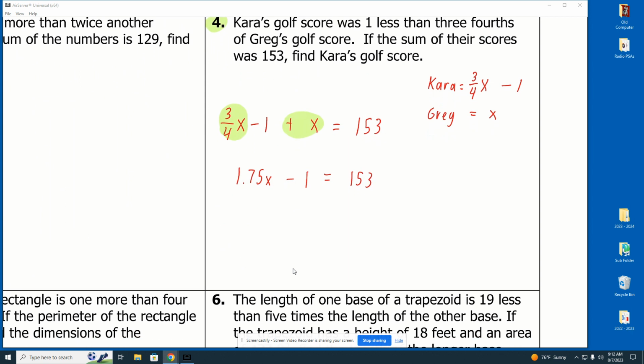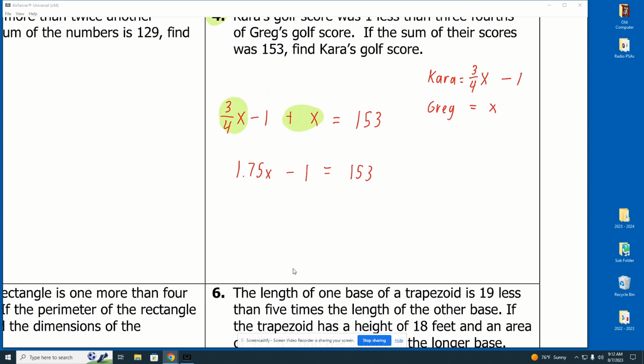What's the first thing I need to do here? Add that 1. So either 7/4 x or 1.75x equals 154. Now what? You're going to divide by 1.75, or if you had 7/4, you're going to multiply by 4/7, the reciprocal. Either way, you get what?